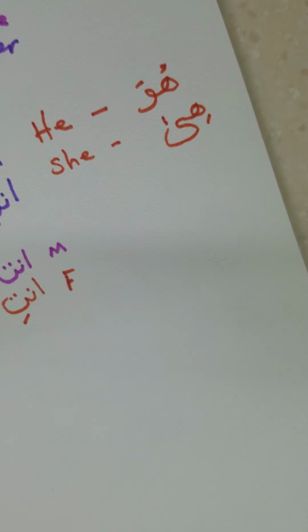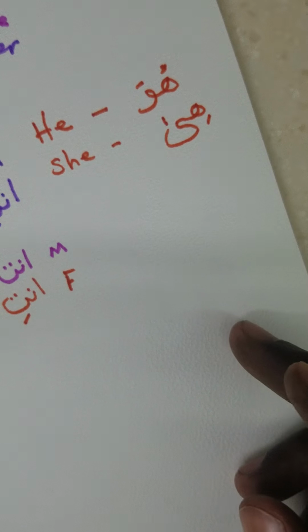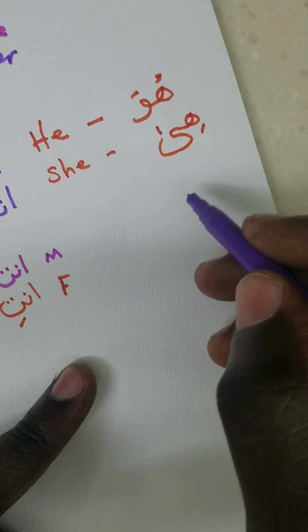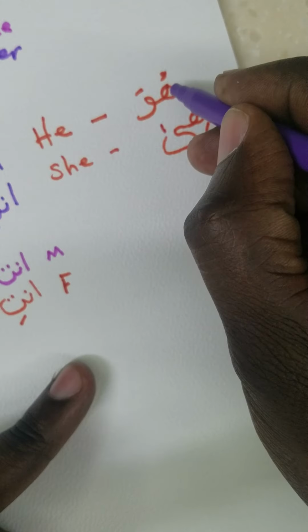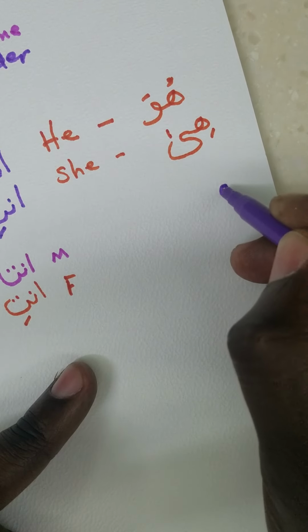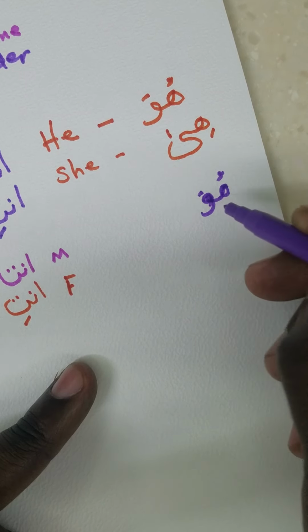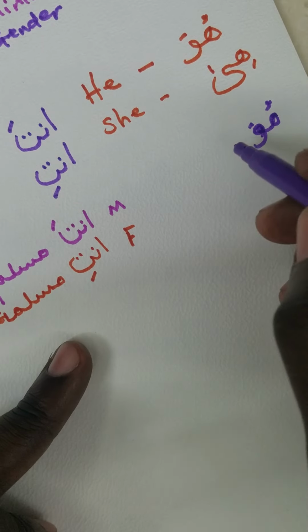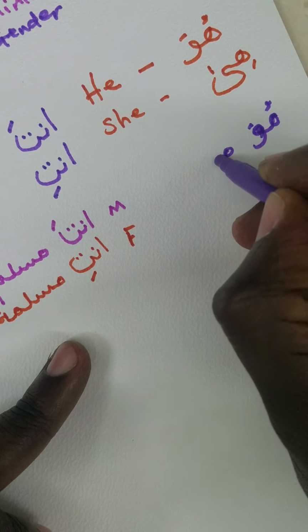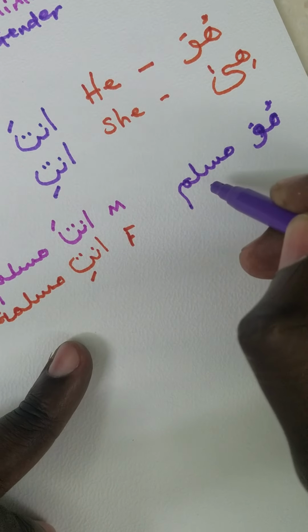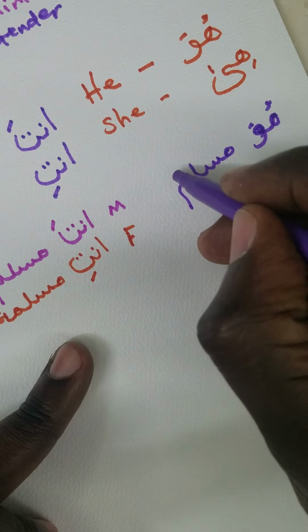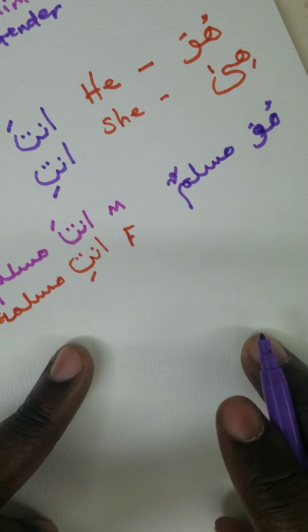Now, if we want to write "he is a Muslim" or "she is a Muslim," we are going to use "huwa" for he, but again we shall put the tanween: "Huwa Muslimun."